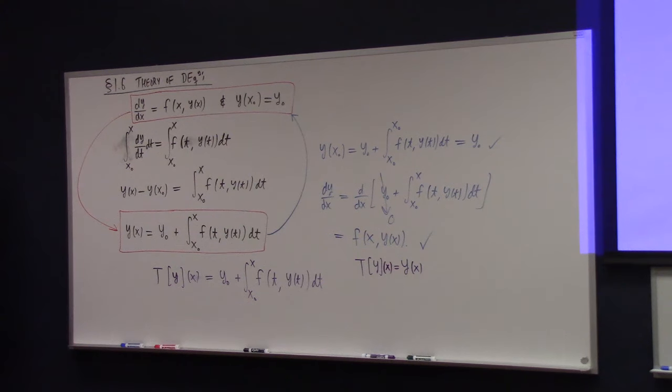So finding a fixed point for that operator is solving the differential equation. How do we find fixed points? Contraction maps, that's right. So if we could show that this T is a contraction map in a particular context, we'd be in good condition, wouldn't we? And that is what we're going to do.